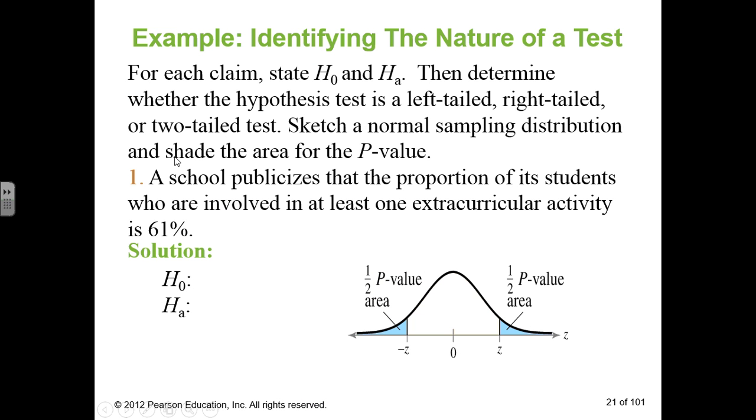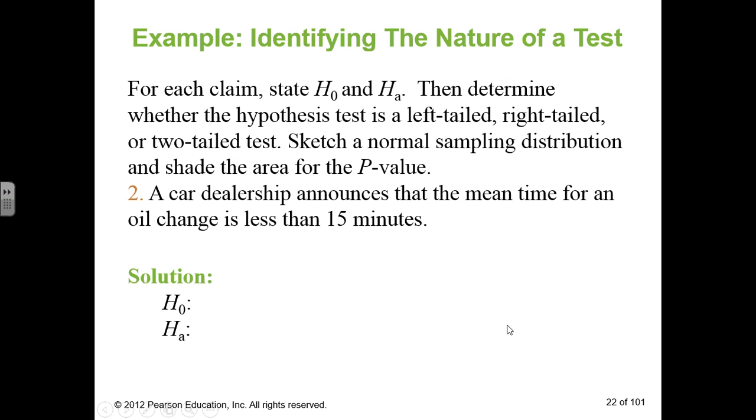All right, so let's consider this problem. Let's decide whether this is a left tail test, right tail test, or two-tail test, and then shade the area for P. The school publicizes that the extracurricular activity is 61%. We said that claim was the null hypothesis, which means the alternative is not equal to, which makes this a two-tail test. So half of P is shaded in the bottom tail and half of P is shaded in the upper tail.